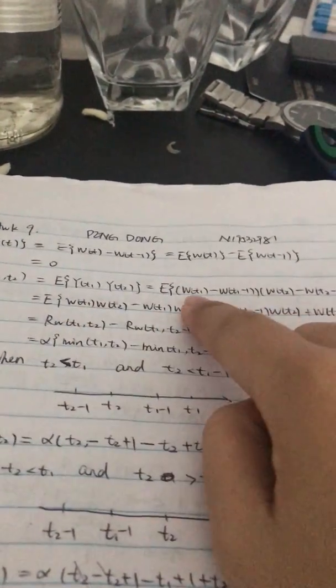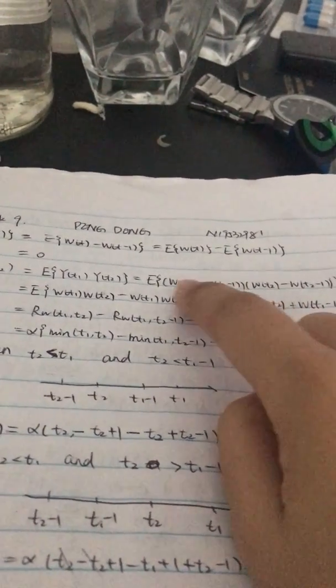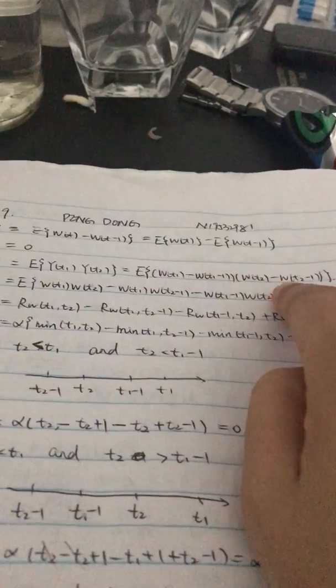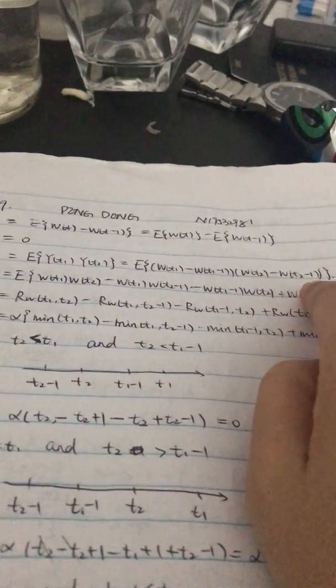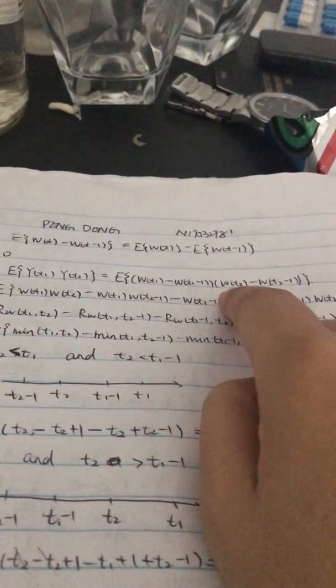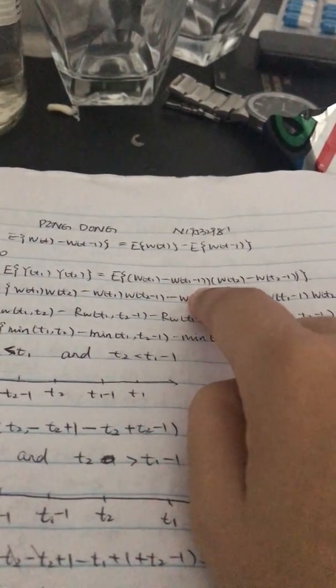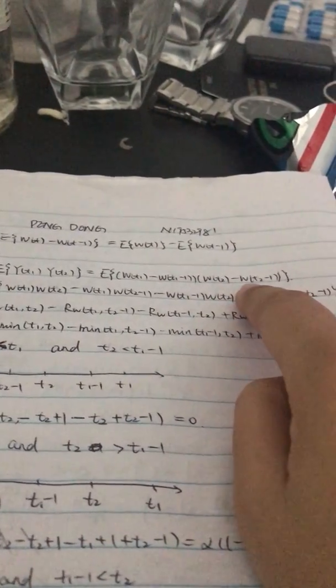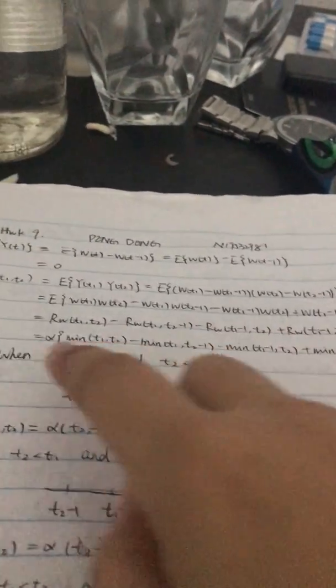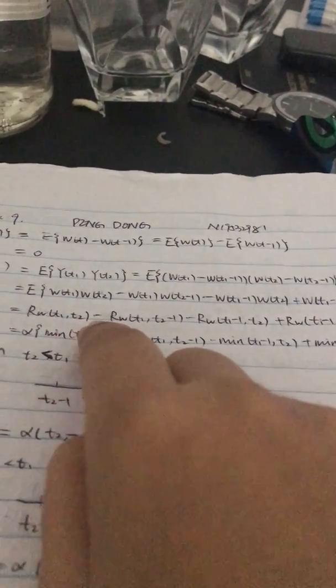And this is equals to W(t1)W(t2) minus W(t1)W(t2-1) minus W(t1-1)W(t2) plus W(t1-1)W(t2-1).